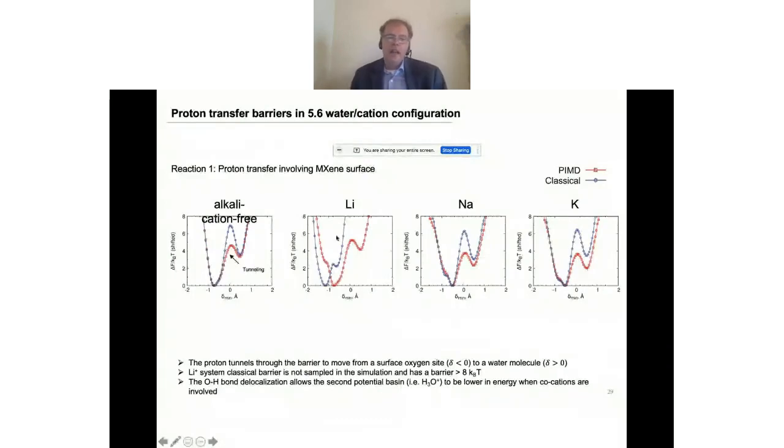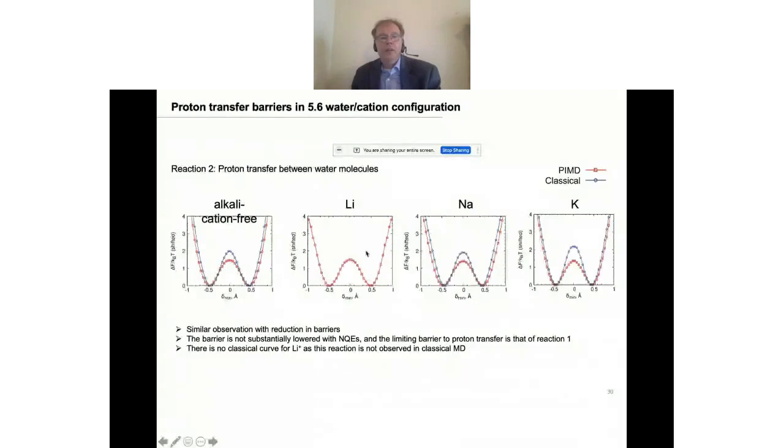Lithium is itself a relatively light element, so for sodium and potassium it's a regular picture. All the proton-based barriers are lower, but the overall shape of the energy curve is somewhat similar. But for lithium, the entire shape is shifted, because not only the proton is affected by the PIMD, but also lithium, because of its very low mass, itself has a significant effect from the PIMD.